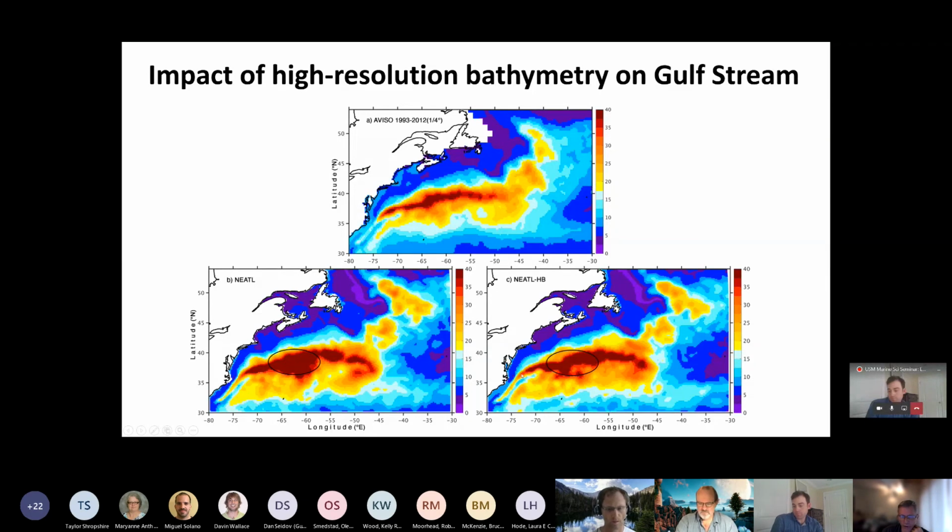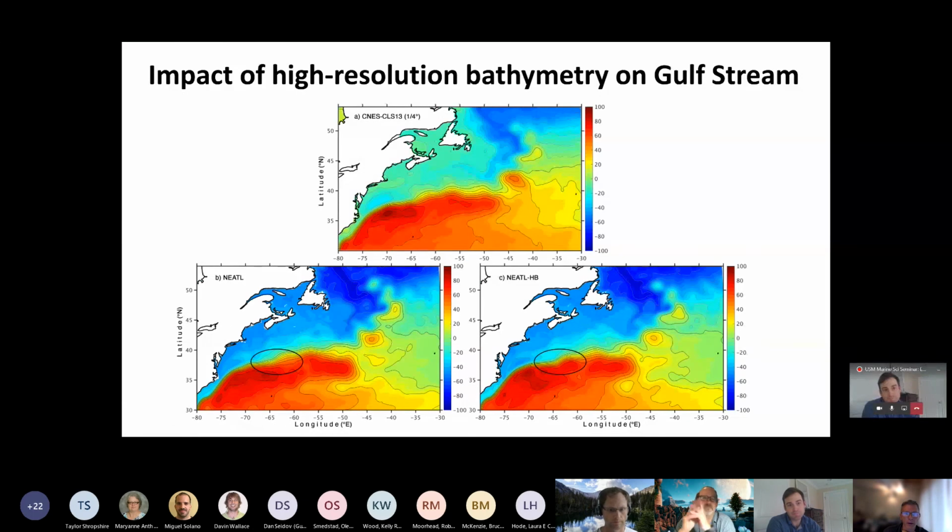But just switching from one bathymetry to the next, everything else is kept identical, there's nothing else changed, you see how drastic a change it is. Suddenly you see a much narrower amount of EKE, and this little dogleg to the northeast is also visible in the simulation. So you have a really big change just from changing the bathymetry.